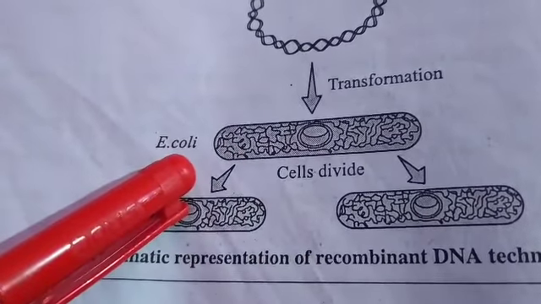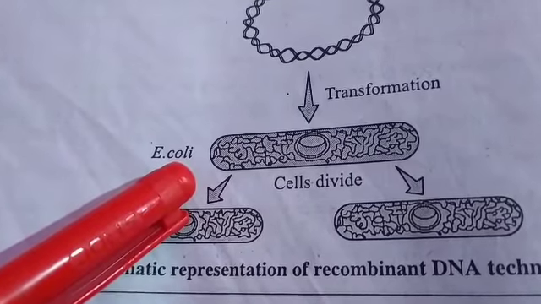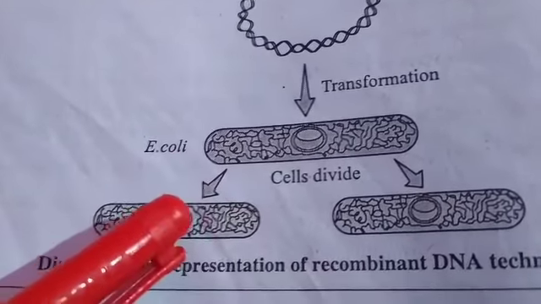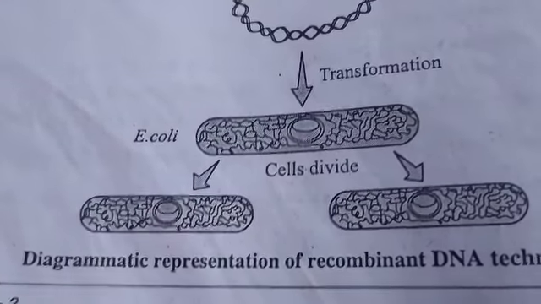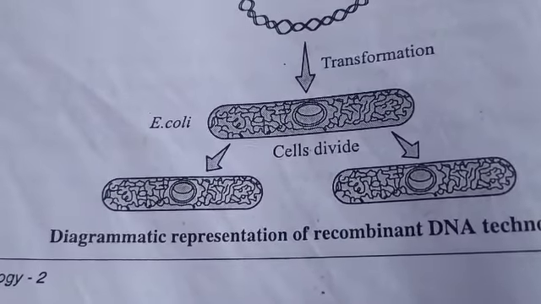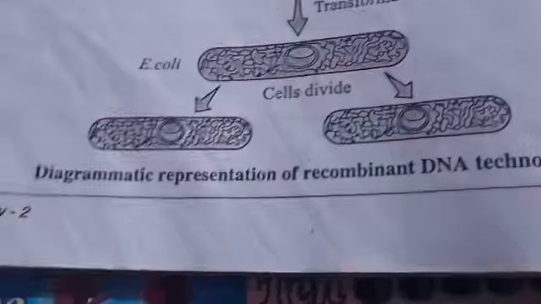These are cultured in bioreactors, where the biological reaction takes place and the cells are maintained. This is the diagrammatic representation of recombinant DNA technology.